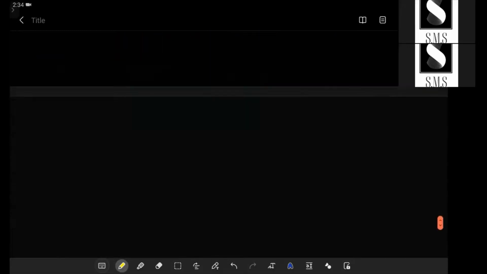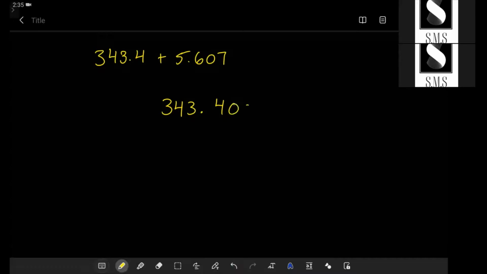The second example, let's try the next one. 343.4 plus 5.607. We line up the place values. So we have 343.4. Now notice I do not have any hundreds or thousands. So that means I could put a 0 here and here, and it doesn't change the number.